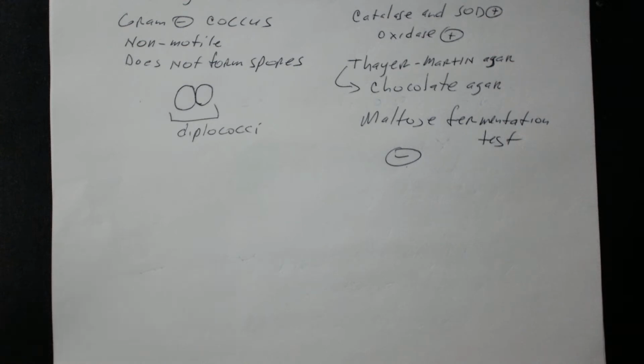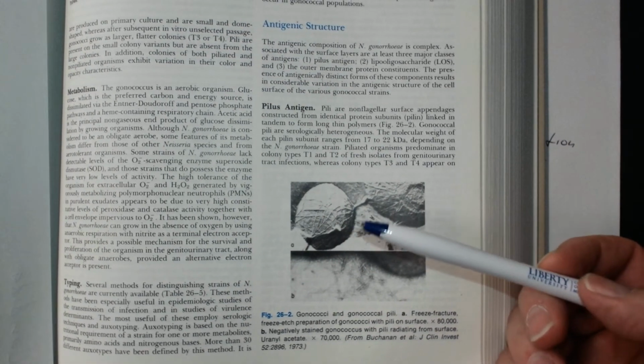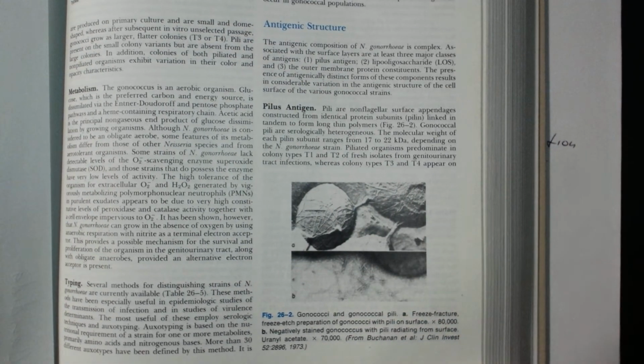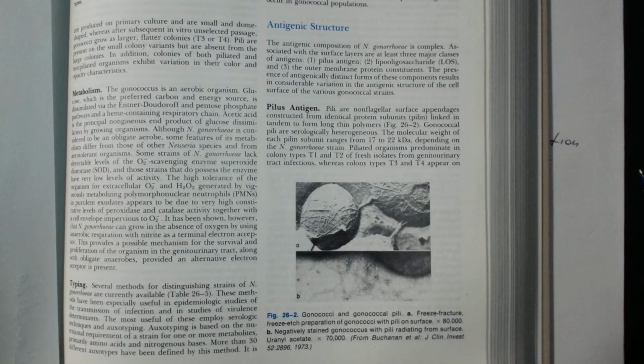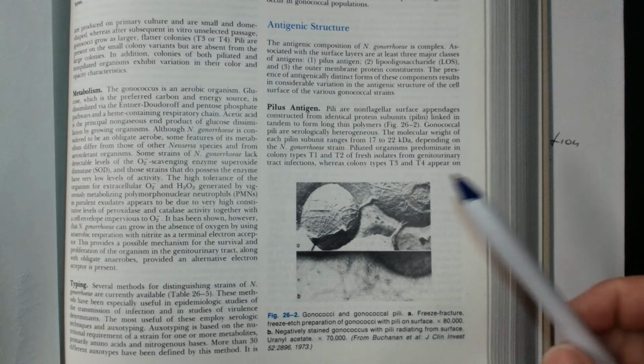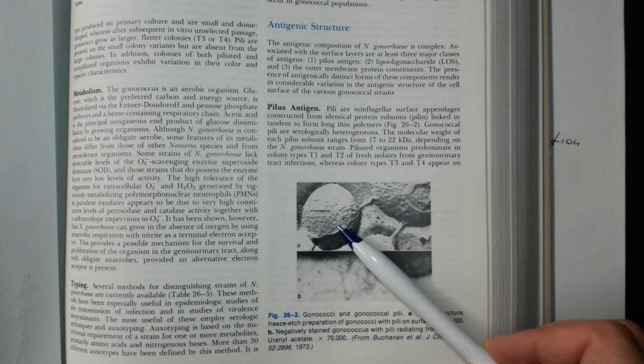Now, Neisseria gonorrhea is decorated with lots of these pili. And you can see these pili here in this electron microscope picture of a freeze-fractured Neisseria gonorrhea cell.